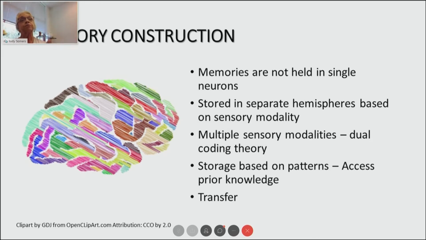So it's important, as we're bringing new information in, to let them know what kind of prior knowledge, where that's going to connect, and how they need to be able to connect that. And that leads definitely to transfer of information, and that's going to move us into some of the information from Understanding by Design.